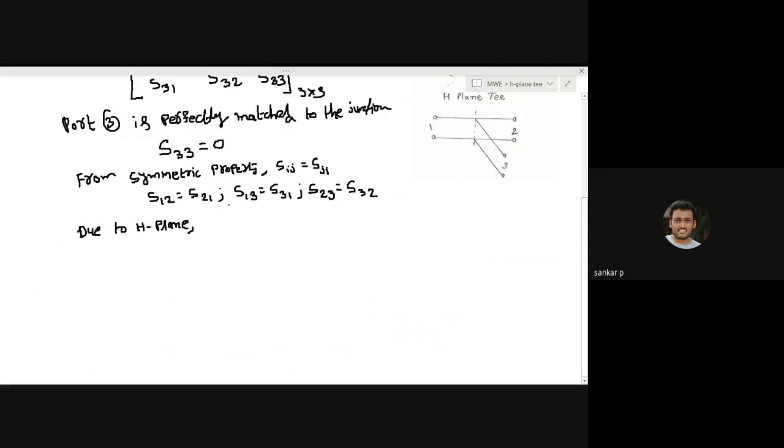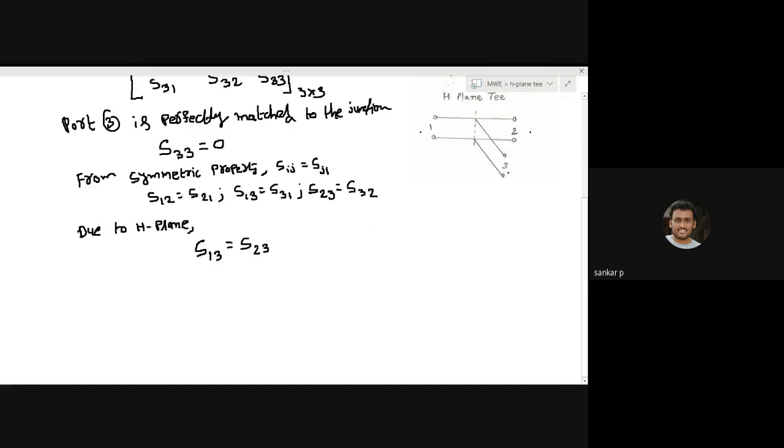When I give input to port 3, it will equally divide to port 1 and port 2. S13 means I am giving input to port 3 and taking output from port 1. S23 means I am giving input to port 3 and the energy comes out of port 2. So S13 equal to S23.